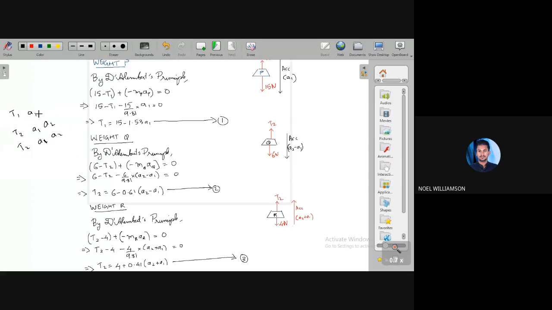So here altogether we have 4 variables, T1, T2, A1, A2, and only 3 relations. But we already know one more equation, that is T1 equal to 2T2. This relation also we know.